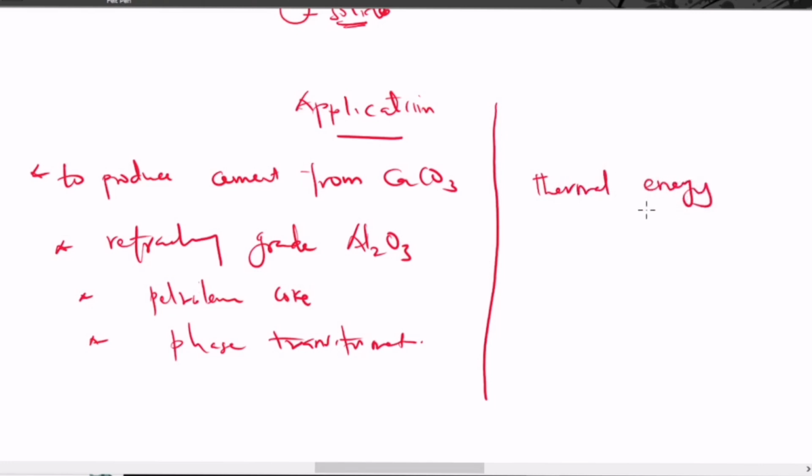And for calculations, we need several thermochemical values like heat of formation, specific heat, and heat content, so that we will be able to calculate them. We have specific heat capacity, and so on.